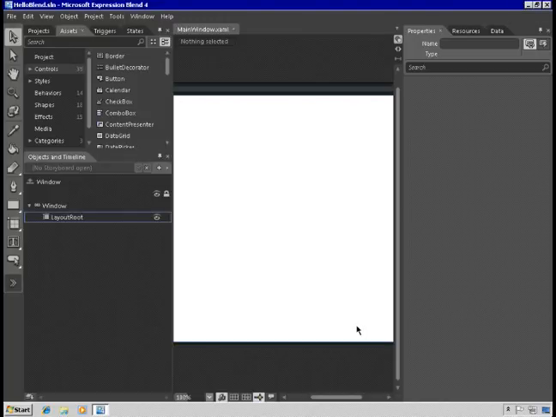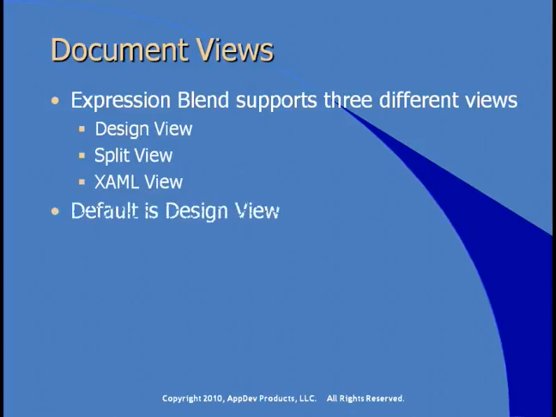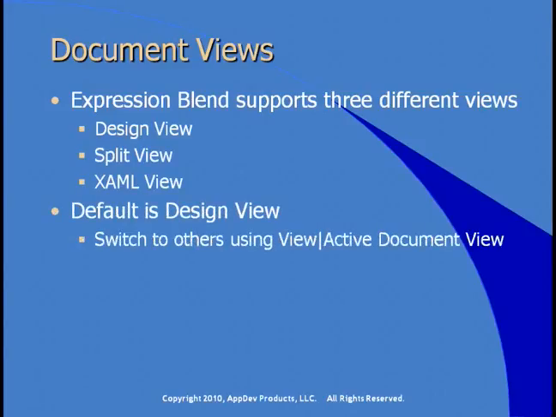This displays lots of panels, panes, windows, and so on, but the one we most care about is the artboard. This area here where we're going to lay out our application. Expression Blend supports three different views of your workspace. There's Design View, there's Split View, and there's XAML View, much like Visual Studio. The default is Design View, and you can switch to others using View, Active Document View.